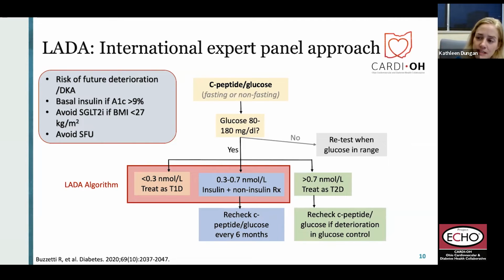If the patient is lean, be very, very cautious with SGLT2 inhibitors because of the risk of DKA, or make sure that they're also on insulin to help minimize that risk. And if their A1C is particularly high, really think about going to insulin sooner rather than later. And that's all I have.